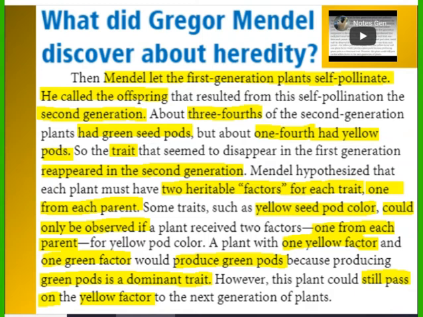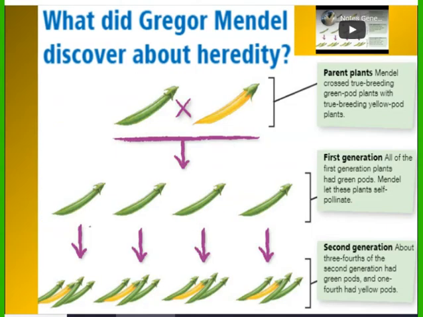But he made these crosses, right? And it says parent plants. Mendel crossed true breeding green pod plants with true breeding yellow pod plants. In this case, he was looking for the pod color, right?